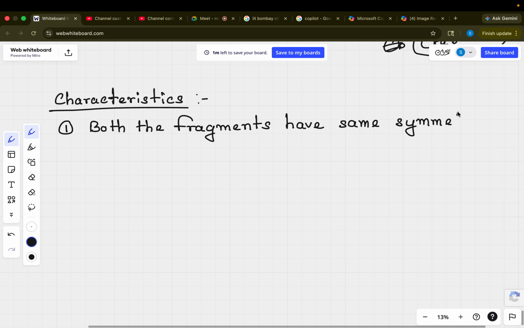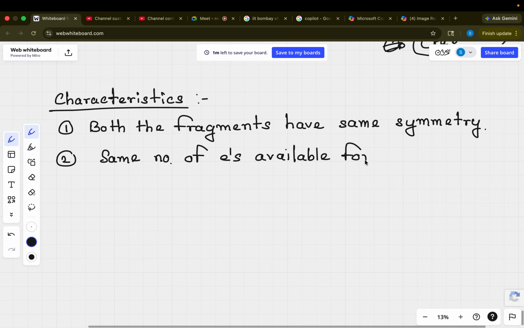Number two, the same number of electrons available for cluster binding.